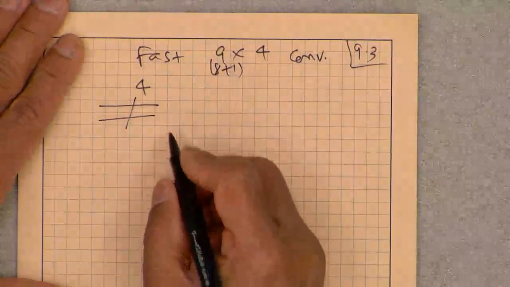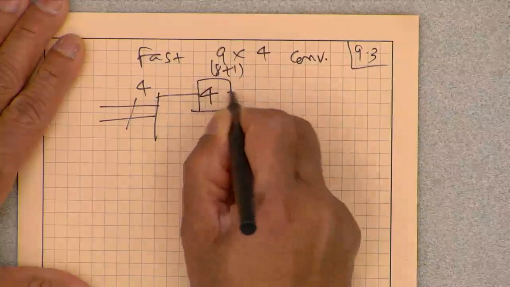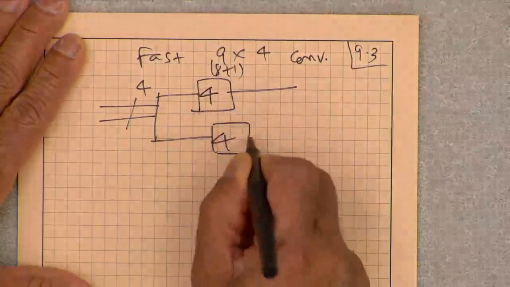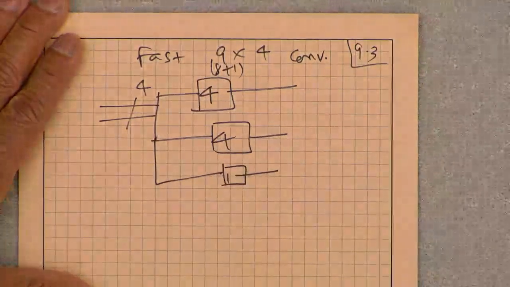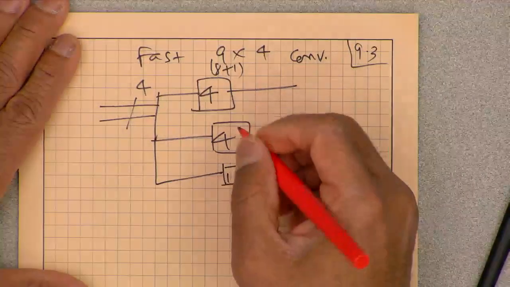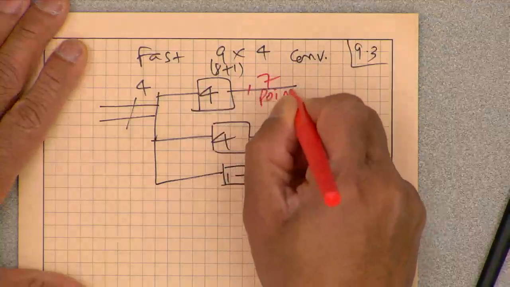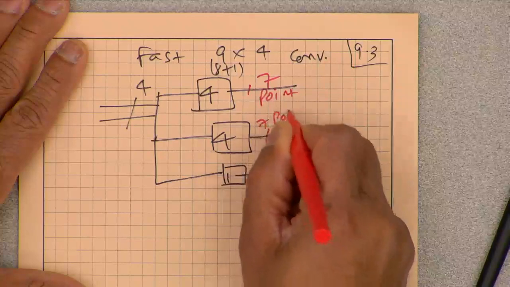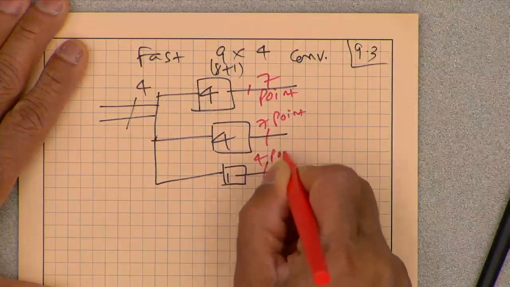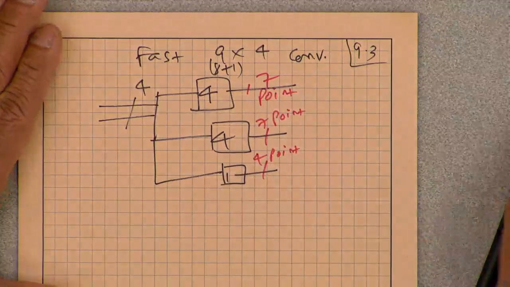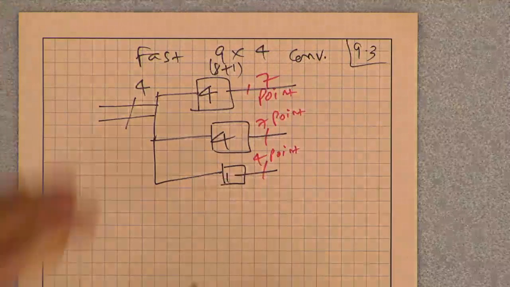So I can take 4 point and then convolve with another 4 point. So now I have 4 plus 4 and 1 point. So this result is 4 plus 4 minus 1, 7 point. This is 7 point, and this is how many points? 4 times 1. This is just a product, 4 point. Or you can think 4 plus 1 minus 1, it's okay.